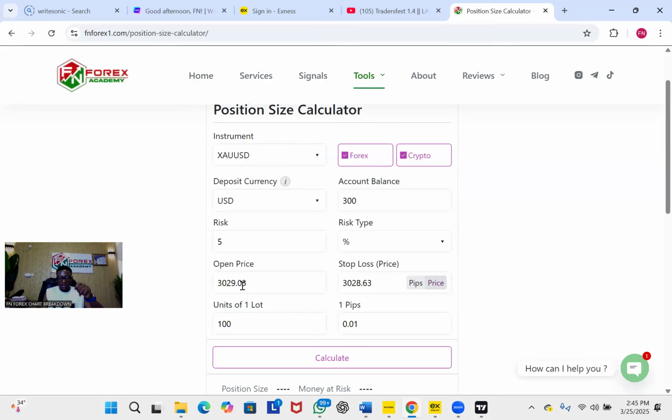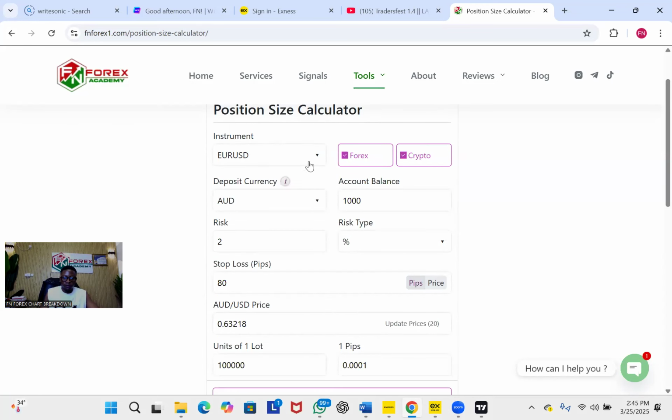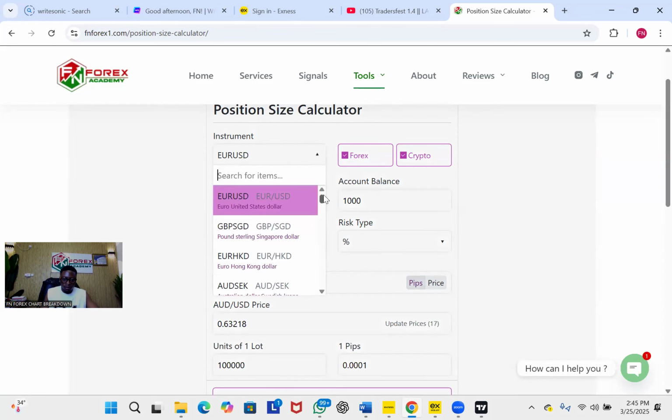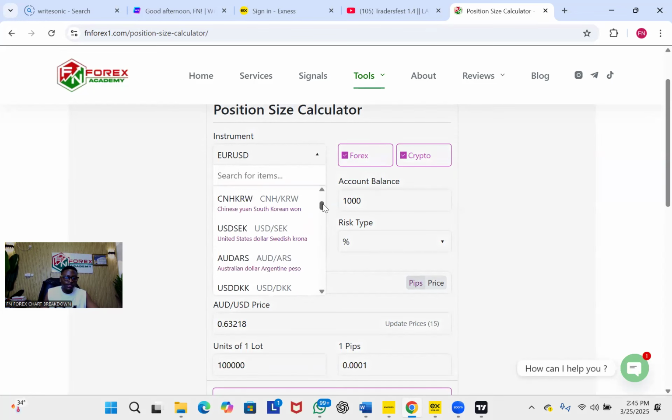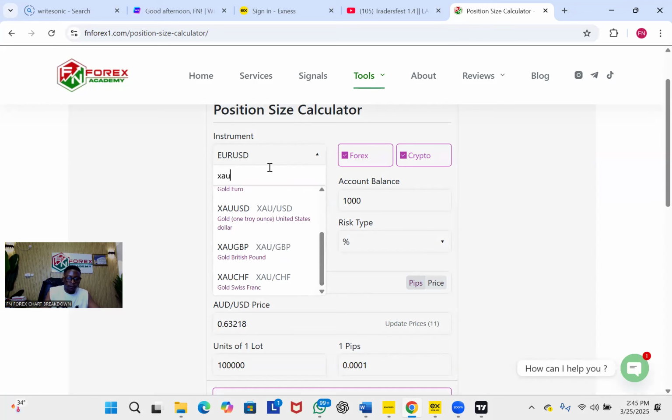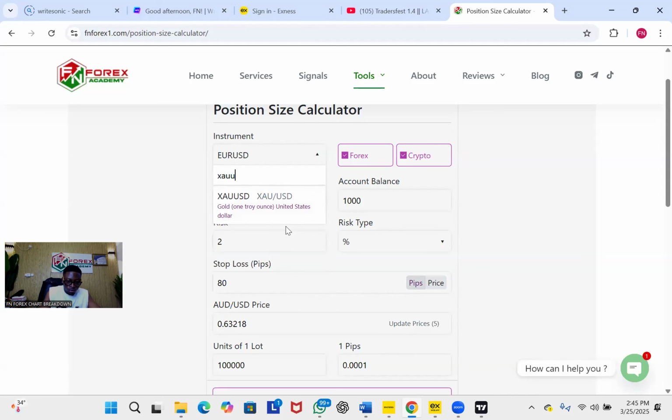So it resets. So it's 30.29 now. If I refresh the website, probably you don't even need to refresh the website. It resets itself after like 10 to 15 seconds. XAU USD, right?